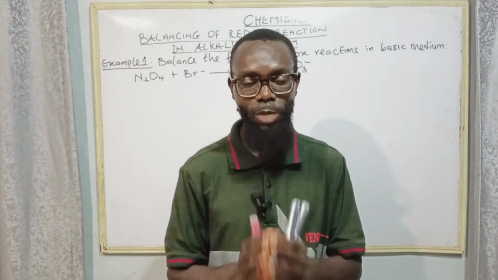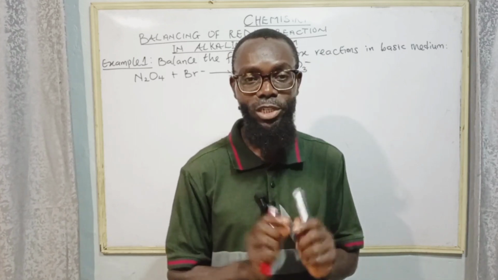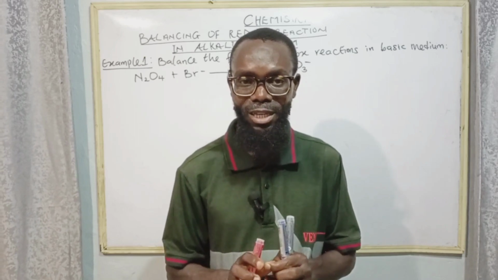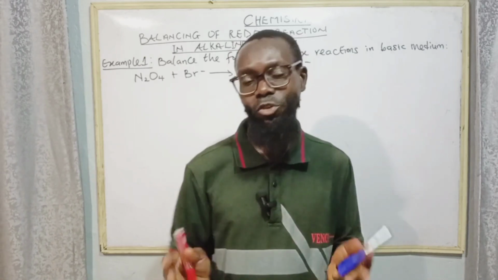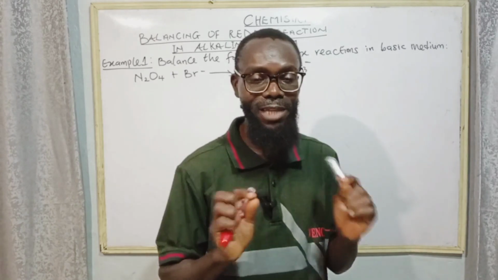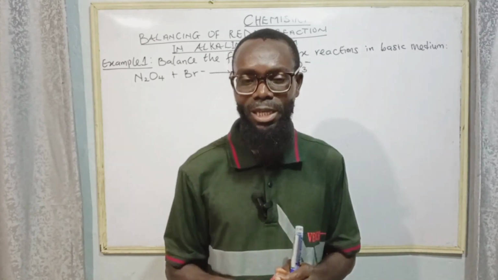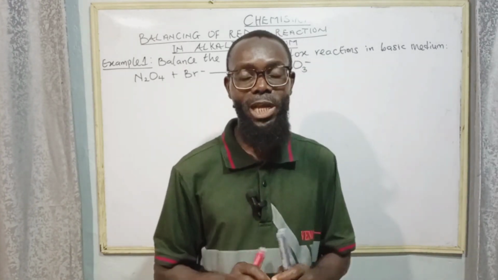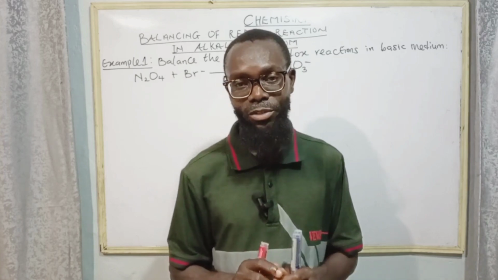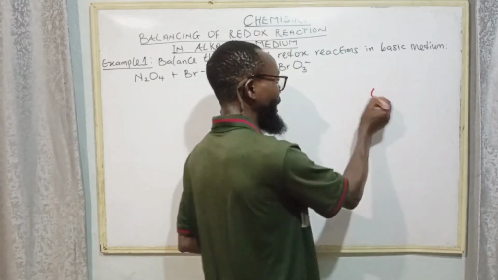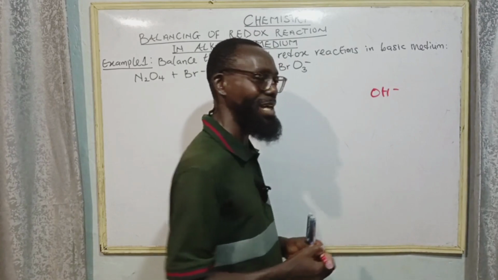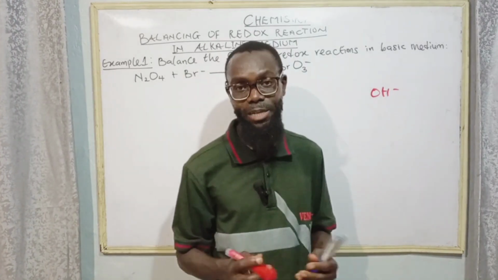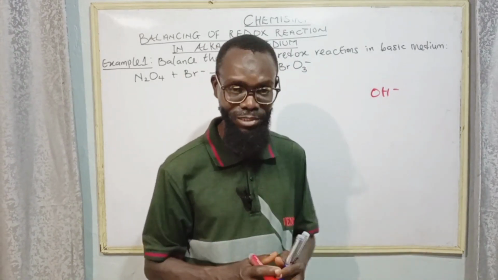If you recall some of the rules that we mentioned in that lesson, the same rules are to be used in balancing in alkaline medium. The only difference is that at a particular stage, hydroxyl ion, which is OH minus, will be added at both the reactant and the product sides.